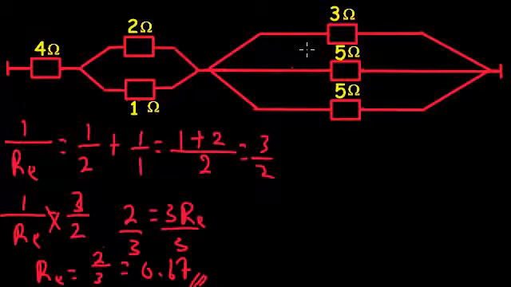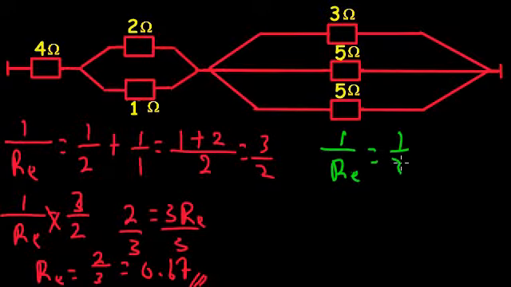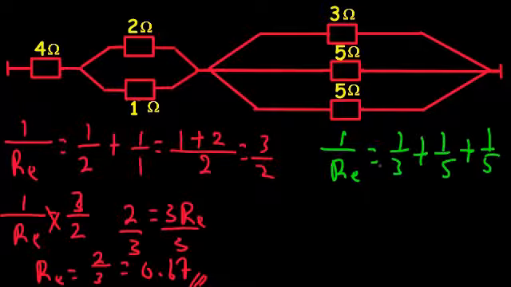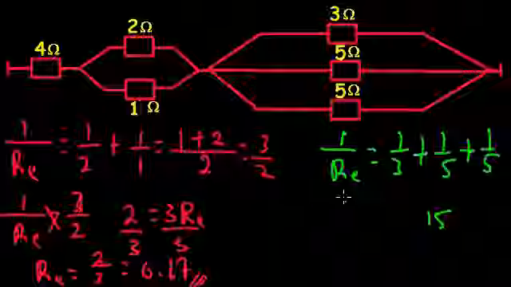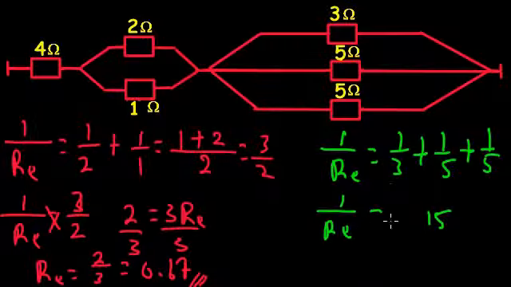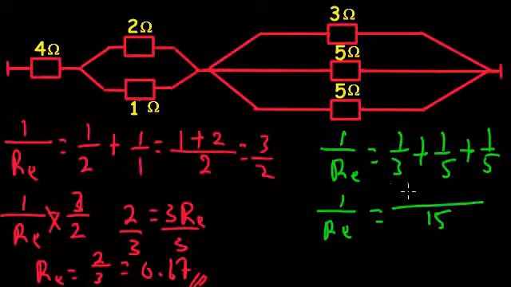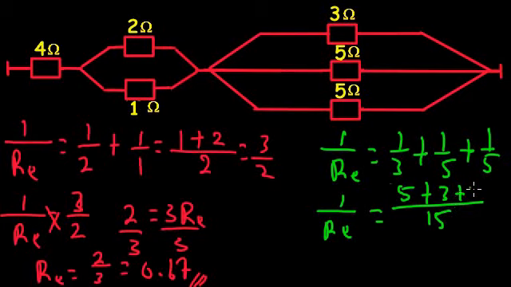Perfect. So now let's focus on this one. Let me use green color for that. So 1 over R_eq will be 1 over 3 plus 1 over 5 plus 1 over 5. The LCM of 3, 5, and 5 is 15. So we have 1 over R_eq equals 5 plus 3 plus 3 over 15, adding this up, we have 11 over 15.